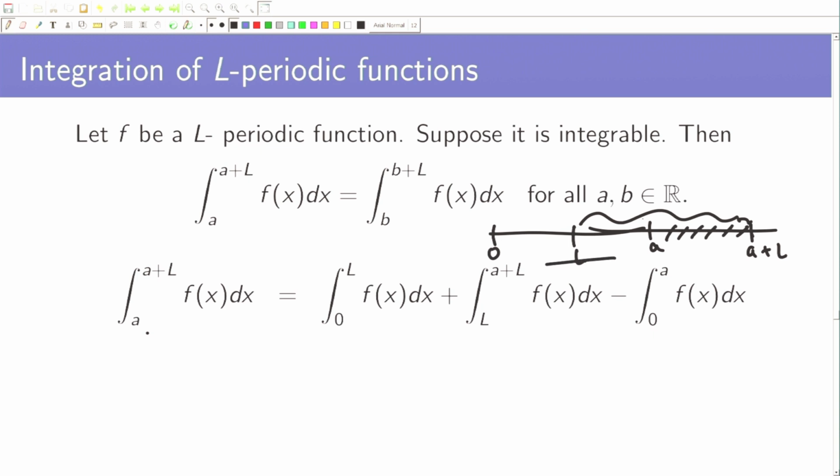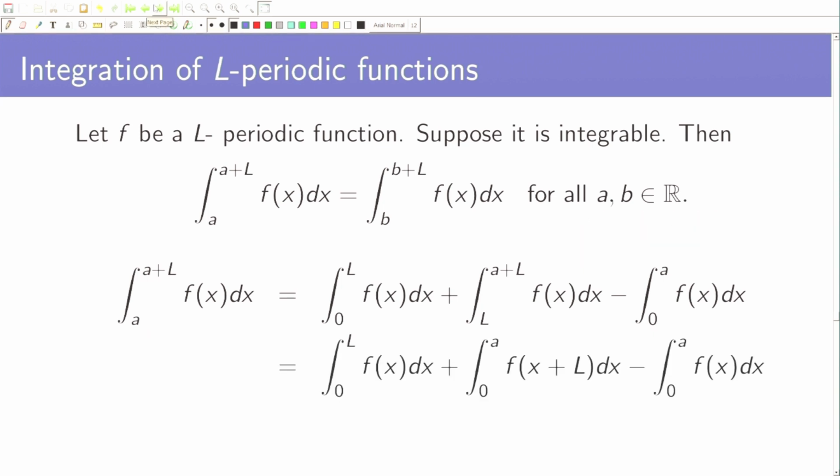Therefore, this is going to give me a to a plus L. Now, if I make a change of variable, f of x plus L, the integral from 0 to a of f of x plus L gets cancelled with minus the integral from 0 to a.